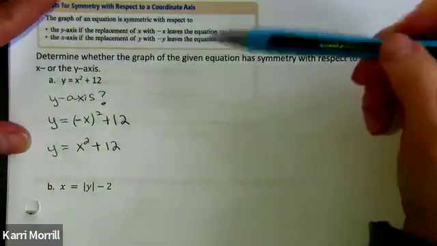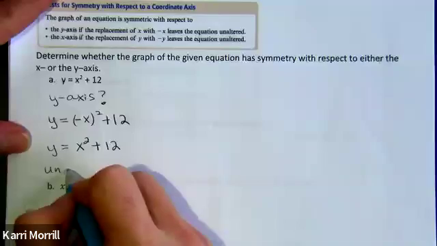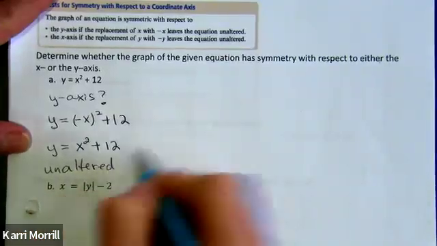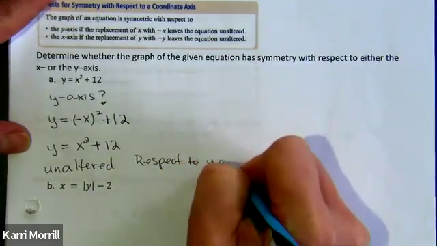What it meant was, if it leaves the equation unaltered, which it did, then we could say it was symmetric in respect to the y-axis.